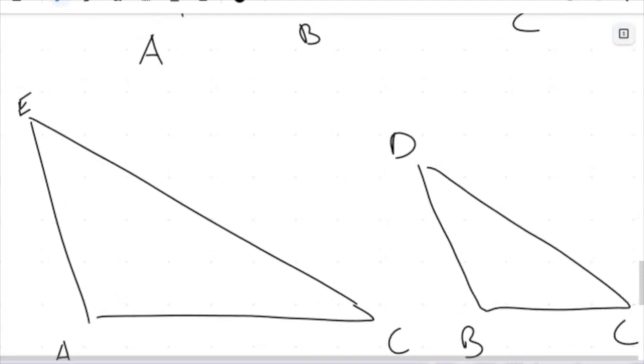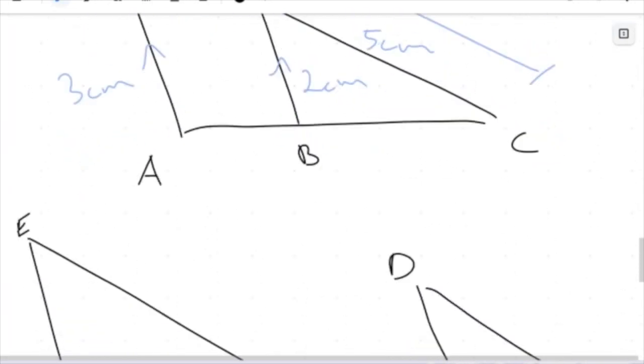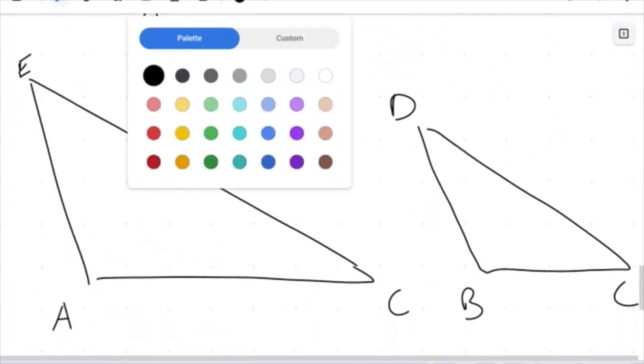So we're going to start thinking about a proof. Now, we don't have to be as rigorous as with congruence because we're doing a lot more maths in terms of finding scale factors, but we still need 3 pieces of information. So let me put in my measurements here.